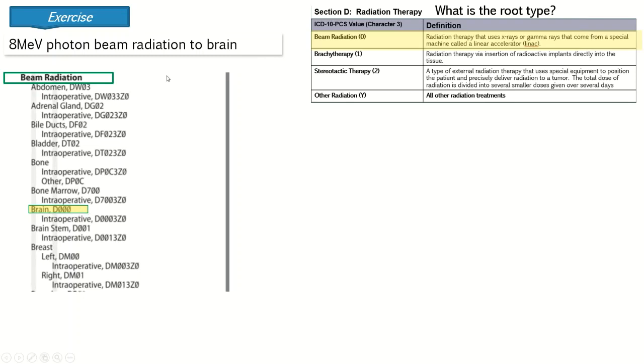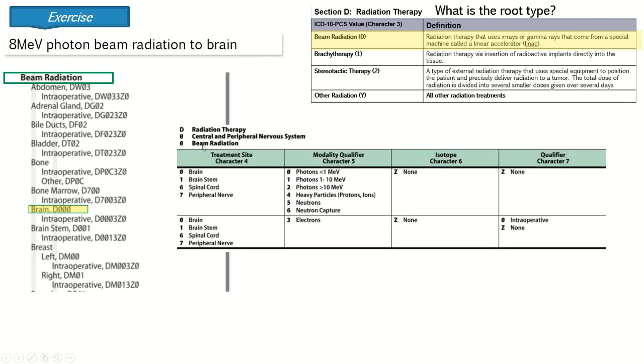Now we have to locate the corresponding table, D00, and remember these tables are in alphanumeric order according to the section in the PCS manual. So D00, radiation therapy, central and peripheral nervous system, beam radiation, and let's look for our fourth character. Our code tells us that it's 0 in our fourth character, and the index is correct because we did have a brain.